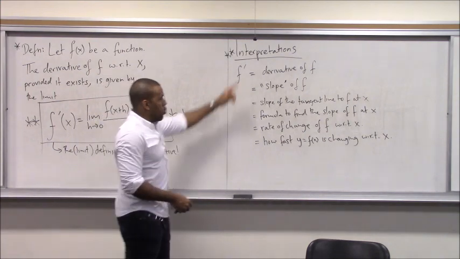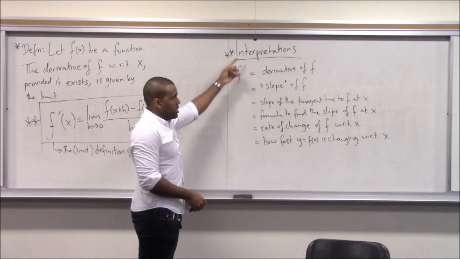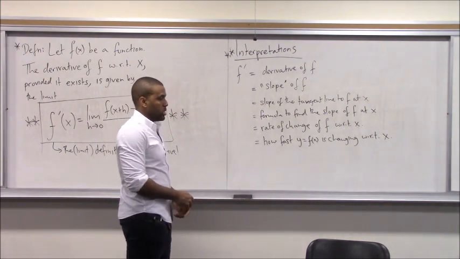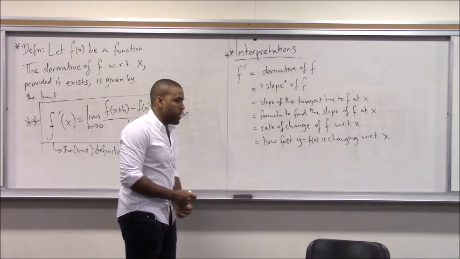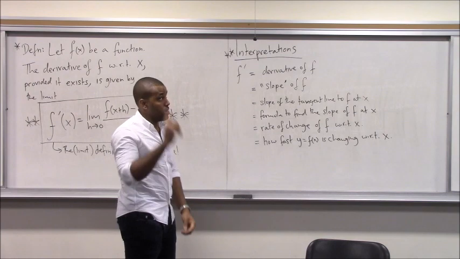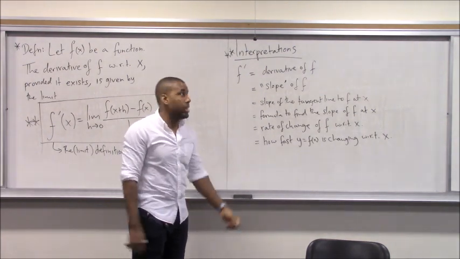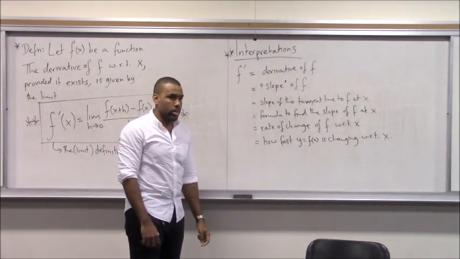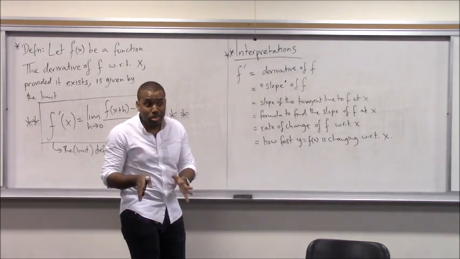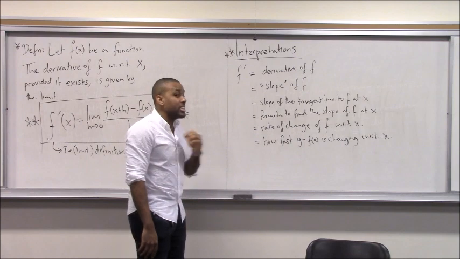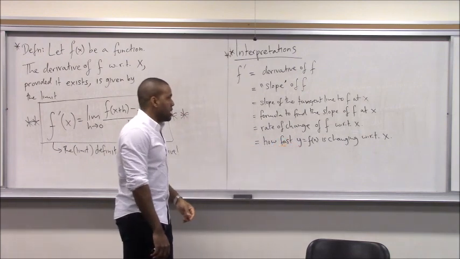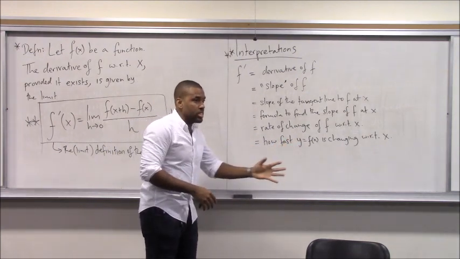And so with these interpretations, this can tell you the kinds of questions you can answer. So you might have a question that says something like, here's a function, find the equation of its tangent line. You're going to remember, oh, the derivative tells me about the slope of the tangent line. I should be finding a derivative. Okay? The problem's not going to tell you, oh, find the derivative. It's never going to say that. It's going to say something else. It's going to say something like, how fast is this moving?